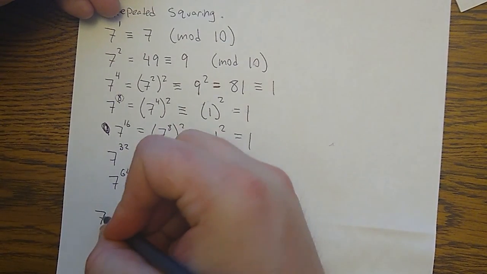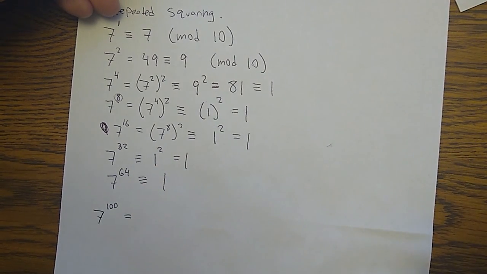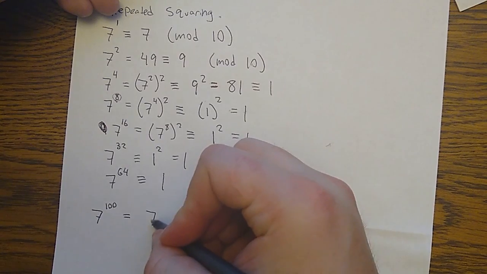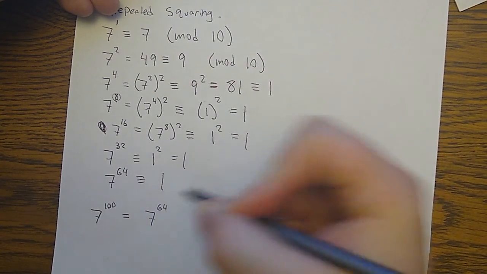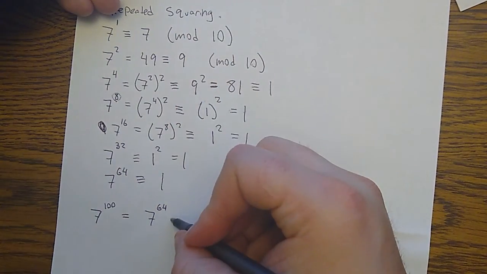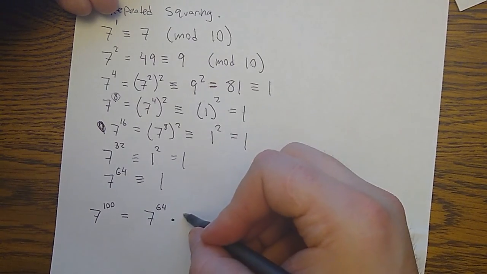So 7 to the 100th, I'm just going to make that out of things that I know. I'm going to take a big power of 7, the biggest one I know. Now, what would be left?